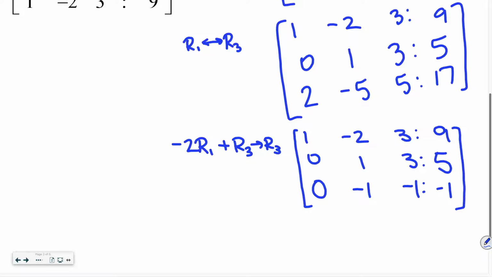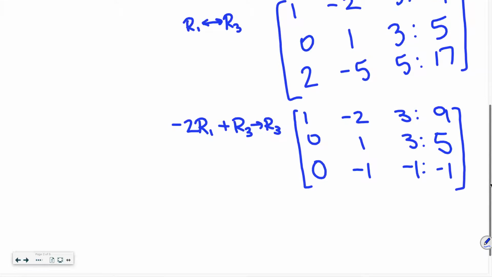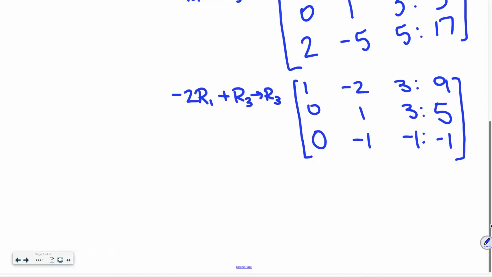To make this number a 0, what operation can we do? Yeah, we can add, multiplying it by 1 essentially keeps it the same, right? So we can really just add 2 and 3 together, couldn't we? Okay, so I'm going to notate that. I'm going to take row 2, add it to row 3, and that's my new row 3.